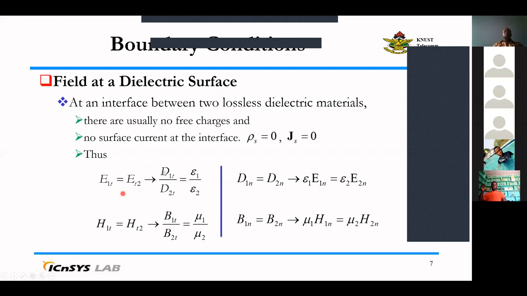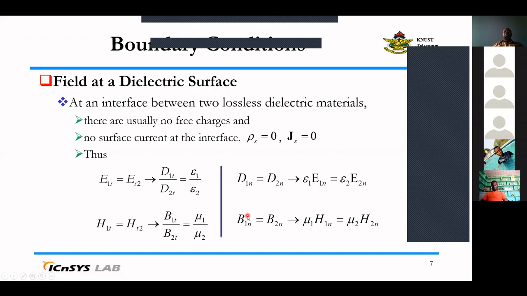Air and water. So what is the tangential component of the electric field intensity in water? It will be the same as the electric field intensity in air. But the tangential component of the electric flux density will not be the same in water and in air. And the ratio of the two must be equal to the ratio of the permittivity in water and permittivity in air.